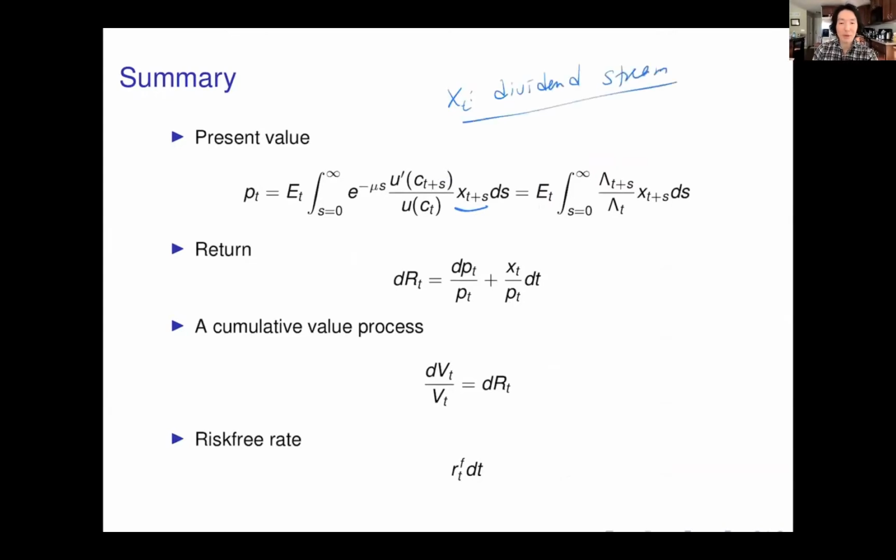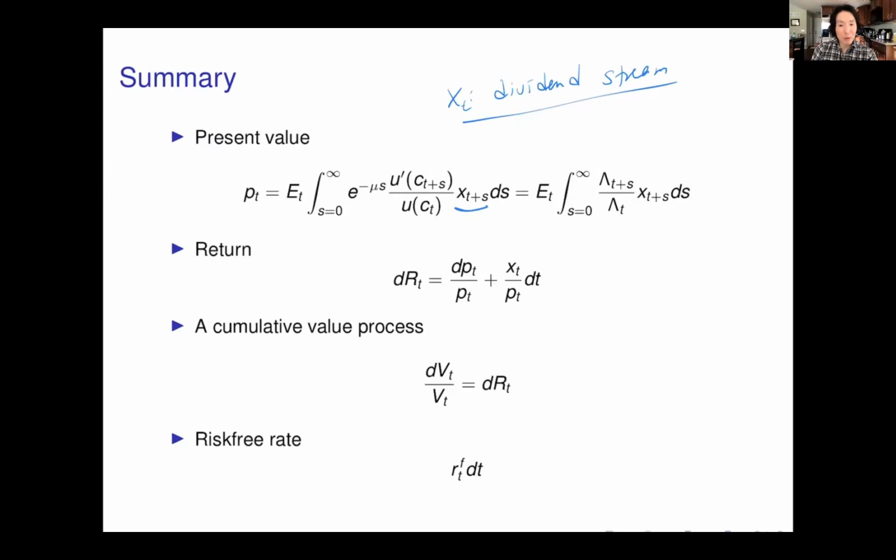Given the dividend stream, current price is the discounted value of all future dividend streams. What is return? Infinitesimal return on a stock is basically the sum of two things. The first term is the infinitesimal percentage change in the stock price, and the second term is basically the dividend yield.